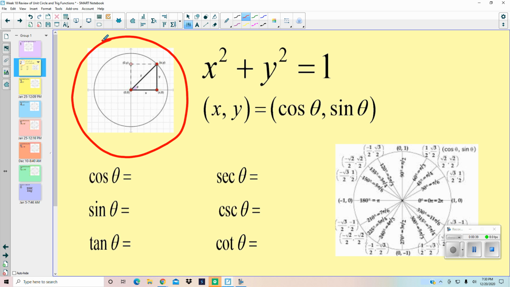So because the radius is 1, then if I think about the x coordinate and the y coordinate of this particular point, the x coordinate right there would be the cosine of theta.